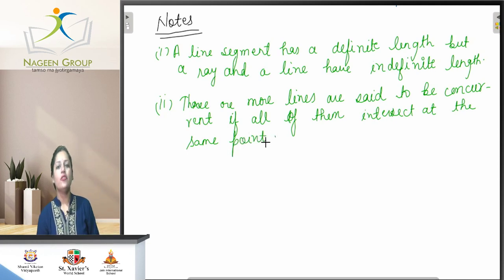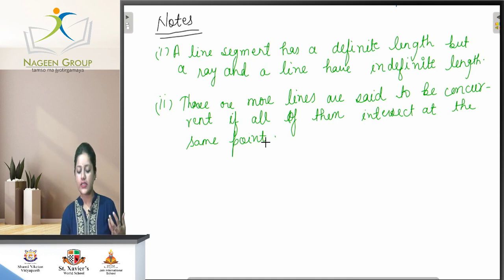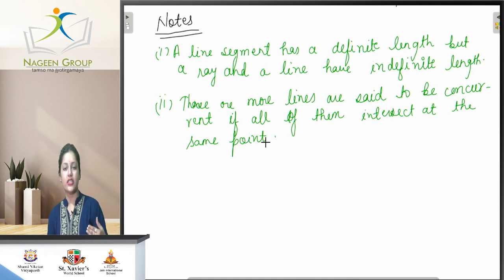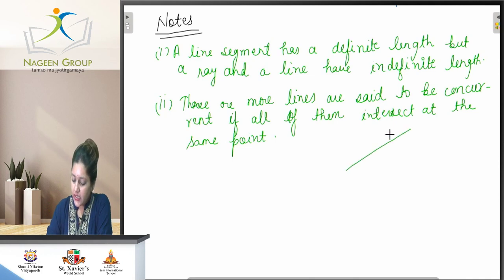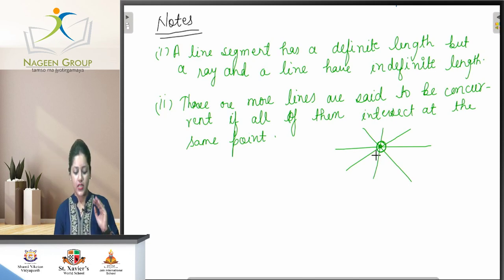This means these lines are concurrent because they pass through the same point.